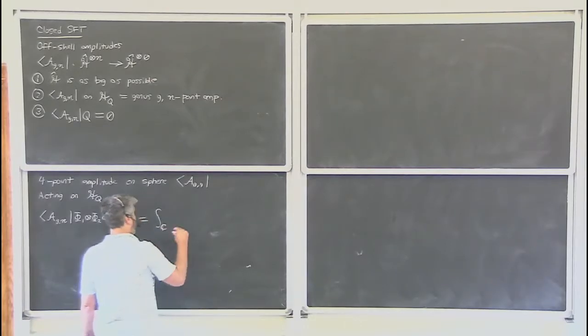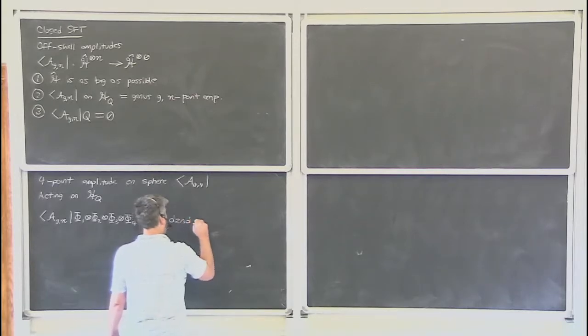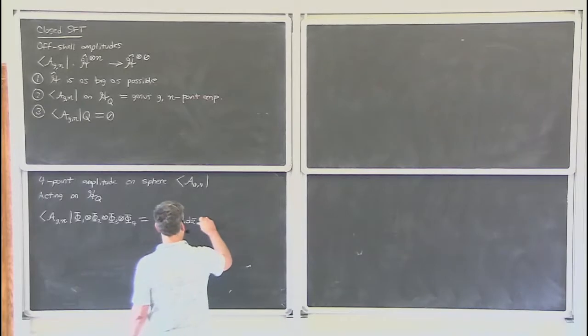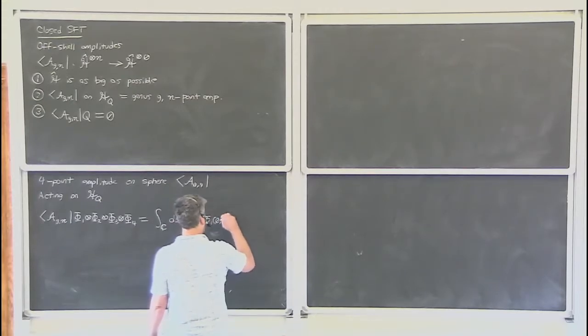It's given by an integral over the complex plane, dz wedge dz bar, and then a correlation function on the Riemann sphere, which we can represent as a complex plane.